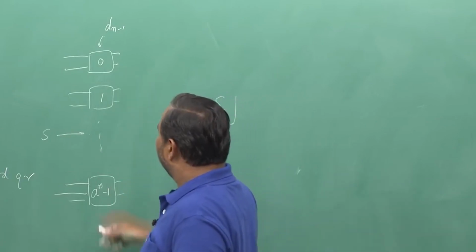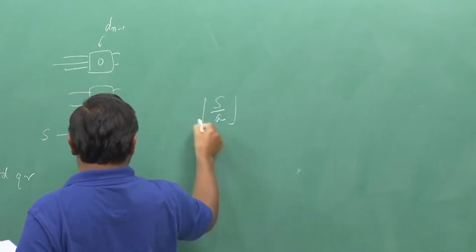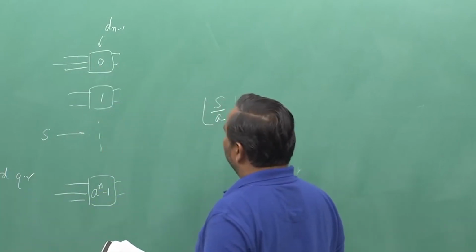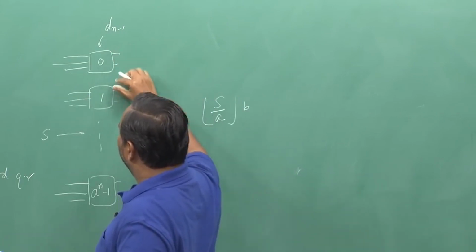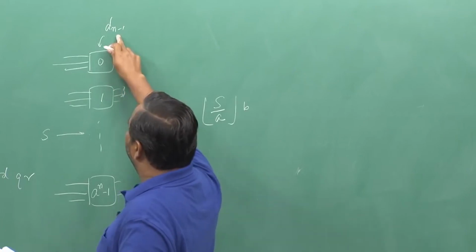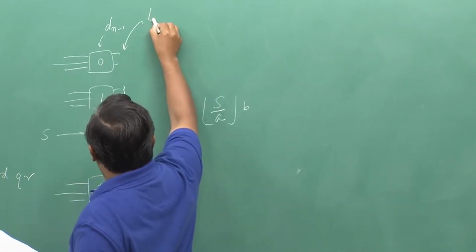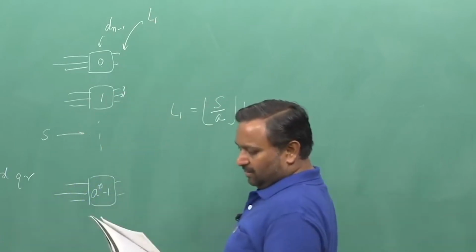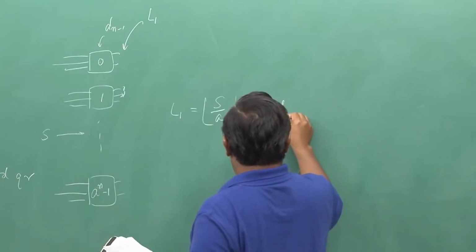So, if S is say 2 and is less than A minus 1, it is connected to switch 0. So, this will give me the switch number multiplied by B. So, if I am actually here, so this B count will be there and remaining will be this number. So, which particular outgoing port will be decided by Dn minus 1. So, the line to which I am connecting, I call it L1. So, L1 will now be represented by S by A, lower floor function into B plus Dn minus 1.